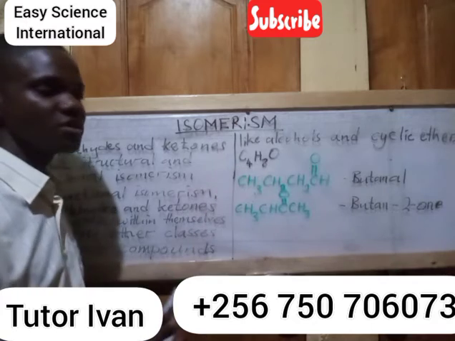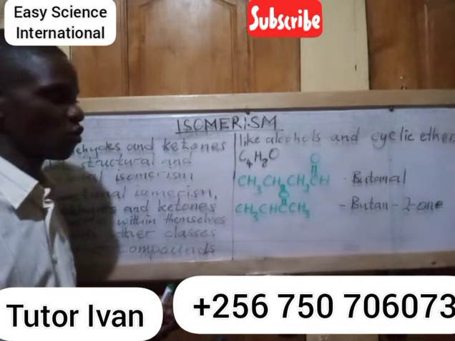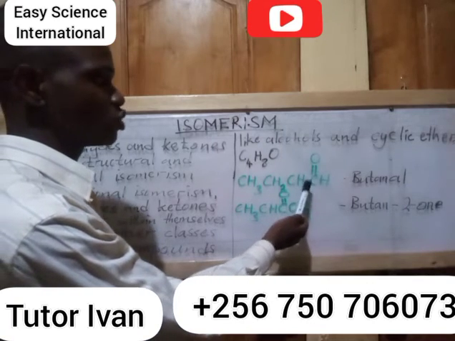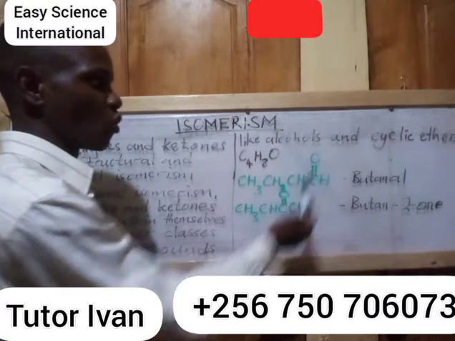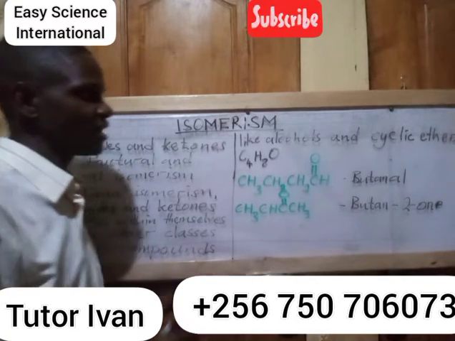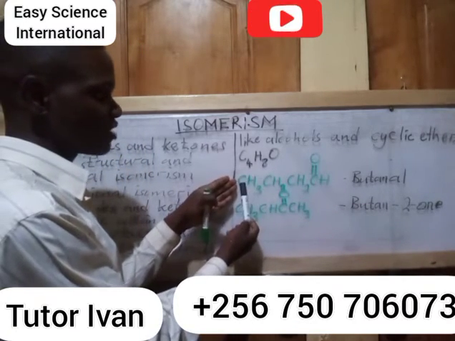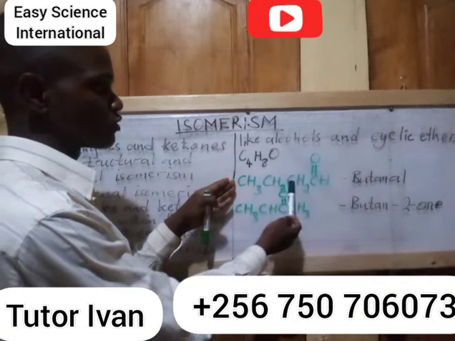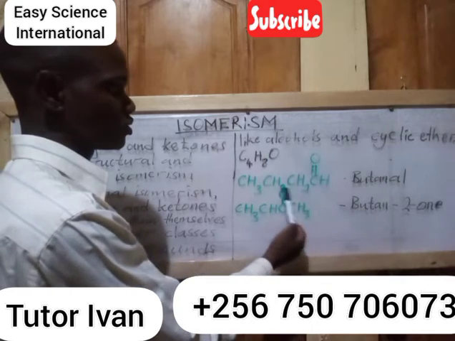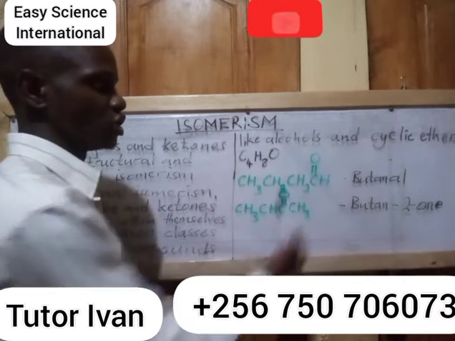So this compound can be an aldehyde. How? When you look at CH3CH2CH2CH=O, this is butanal, which is an aldehyde. You look at the number of carbon atoms here: 1, 2, 3, 4. 1 oxygen and 8 hydrogen: 1, 2, 3, 4, 5, 6, 7, 8.